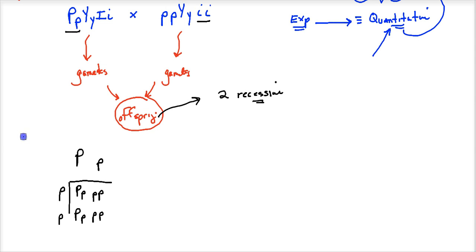You need to see the big picture. I'm just showing you the outcomes of these two alleles first as they segregate and go into gametes.